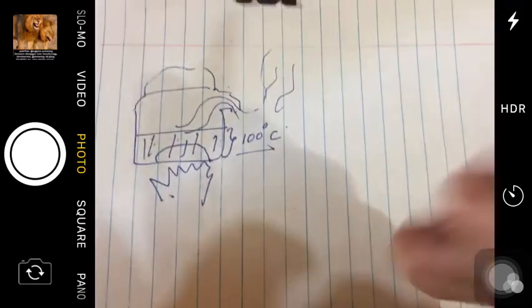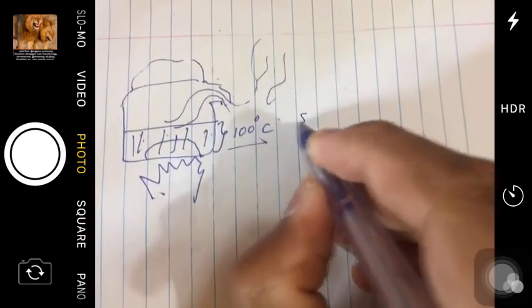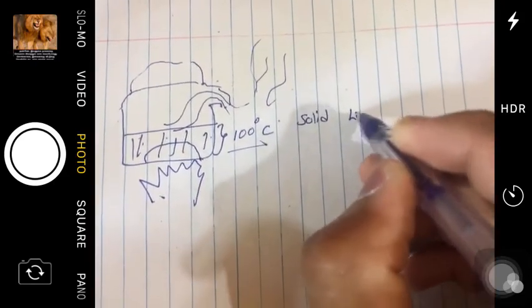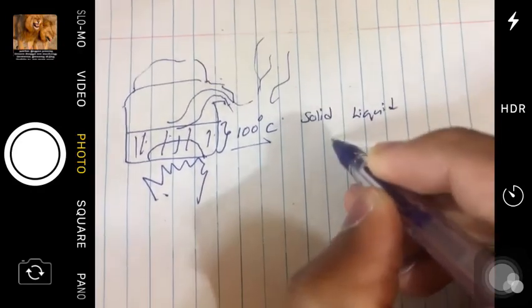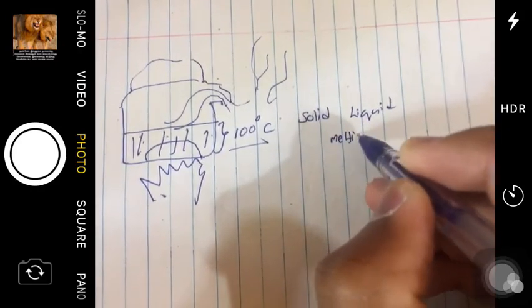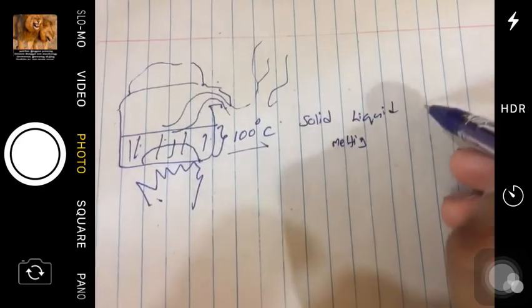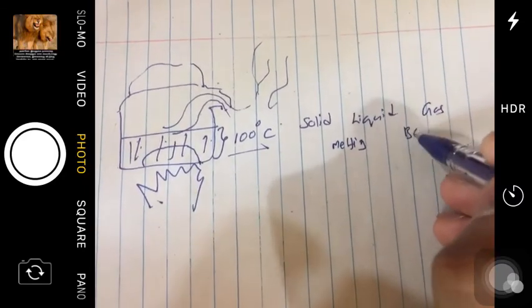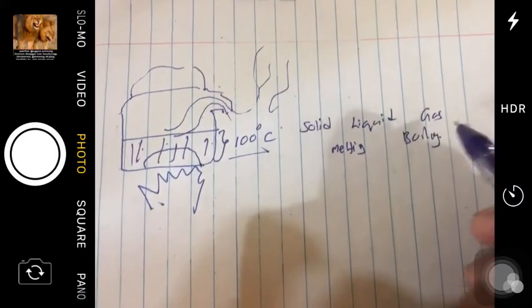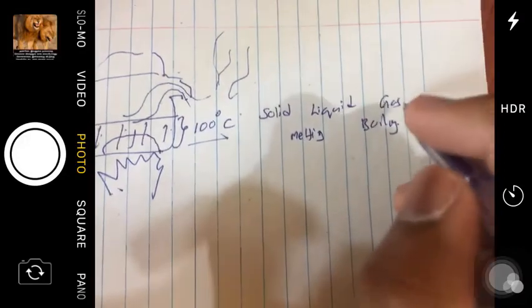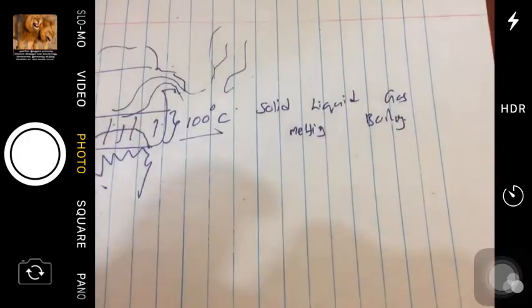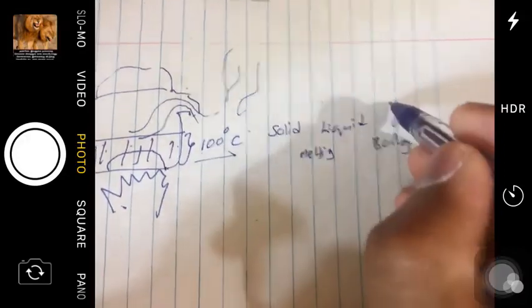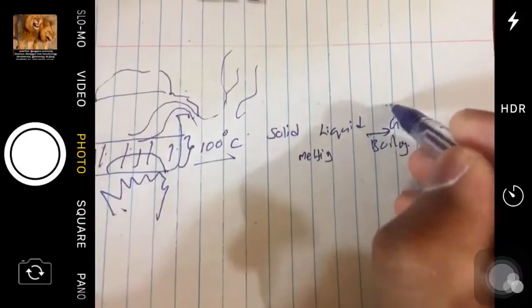The other thing is we learned that solid to liquid is melting, and we learned that liquid to gas is boiling. The reverse can also happen. The gas can lose energy and can condense back to liquid.